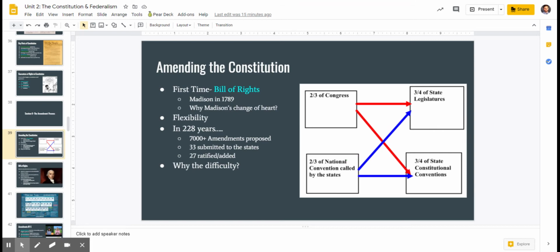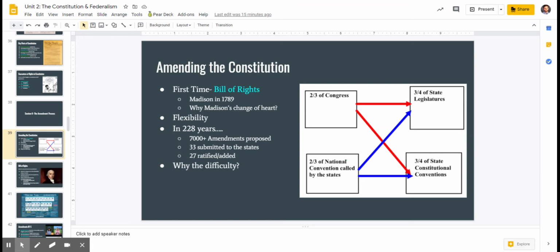So this is originally set up. The process is listed specifically in the Constitution, and there's a couple of different methods for doing so. But the main one, which 26 of the 27 amendments have been passed and ratified this way, is the one that you see going straight across here. And that is 2/3 of Congress, right?